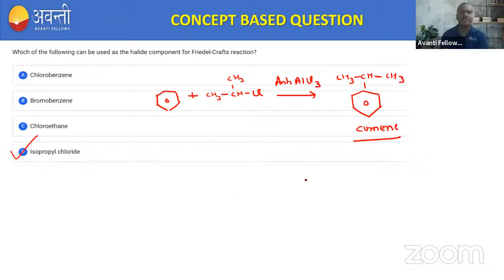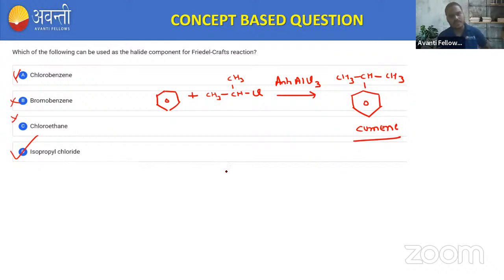So why are we not using chlorobenzene, bromobenzene, and chloroethane? Let me explain this. Chlorobenzene, bromobenzene and chloroethane, all of these three are not suitable halide components, as the lone pair of electrons of the halogen is delocalized with the pi bonds to attain double bond character, right? Because in chlorobenzene and bromobenzene, due to resonance, they have a strong tendency to act as a C=X double bond.